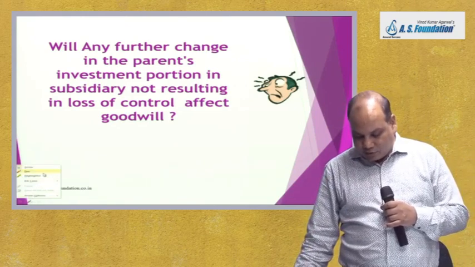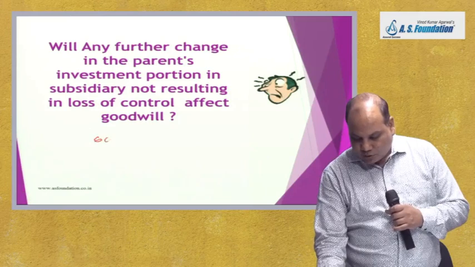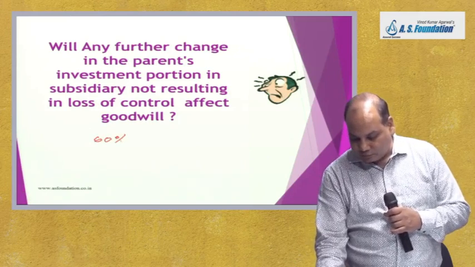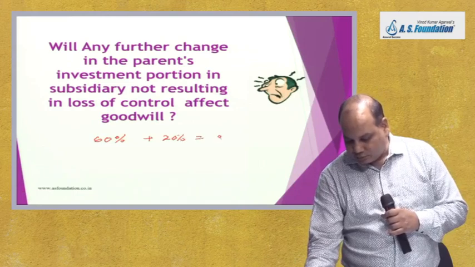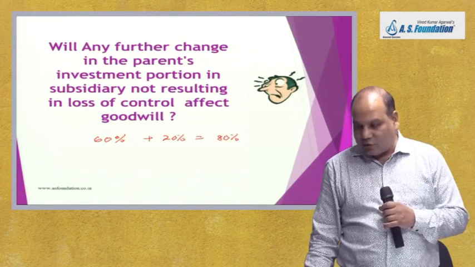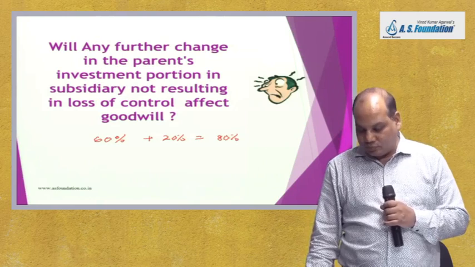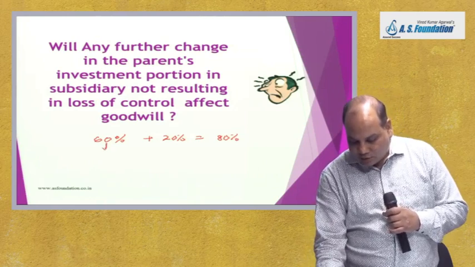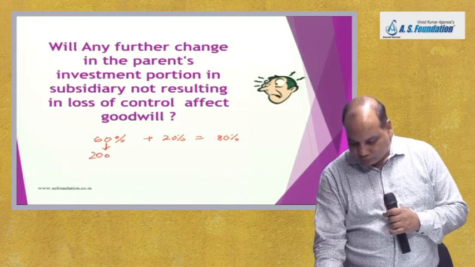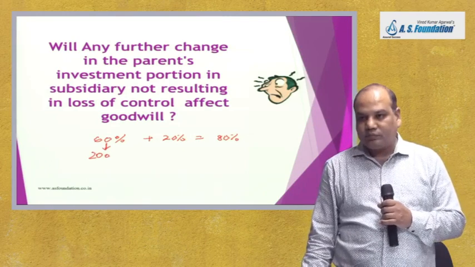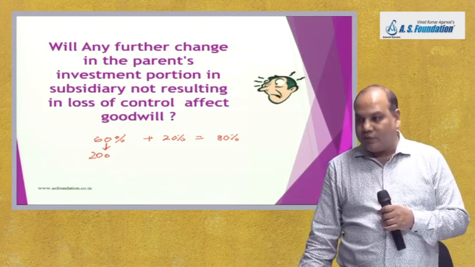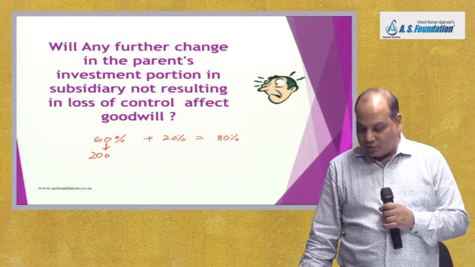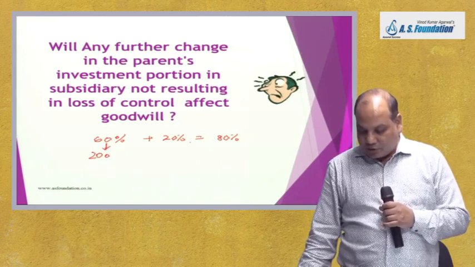This paragraph means, suppose I am holding 60% share, I purchased another 20% share. So my share is now 80%. When I had acquired this 60%, goodwill was, say for example, 200 million. Will you again calculate goodwill for this 20% share? No. The standard says no.